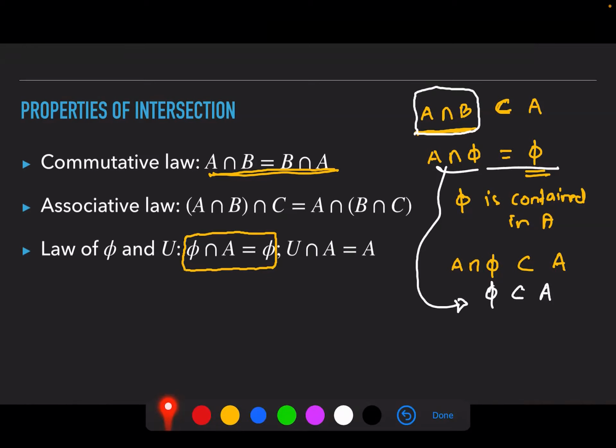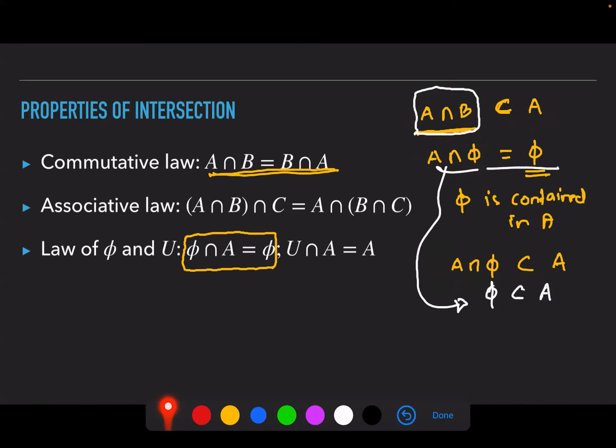Right now I'm saying it is contained in A, so A intersection B is a subset of A. Now, the fact that I'm taking A intersection phi tells me that A intersection phi should also be a subset of A. But what is A intersection phi?